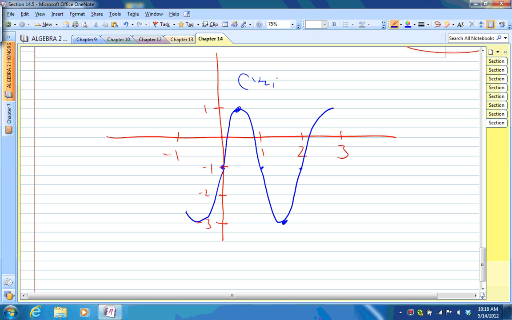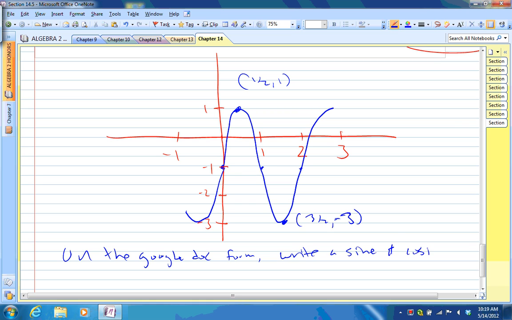So you have like 1/2 comma 1 and 3/2 comma negative 3. So on the Google Docs form, write a sine and cosine function for this graph. So that'll be part of the Google Docs form. Knowing those points, I think you can handle it, and we'll see what answers you get when you finish it.